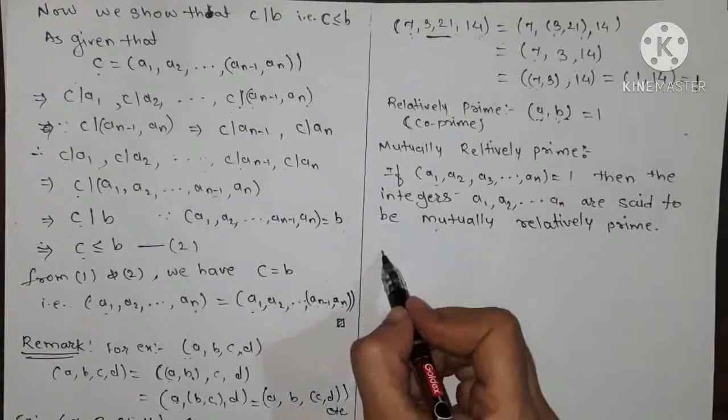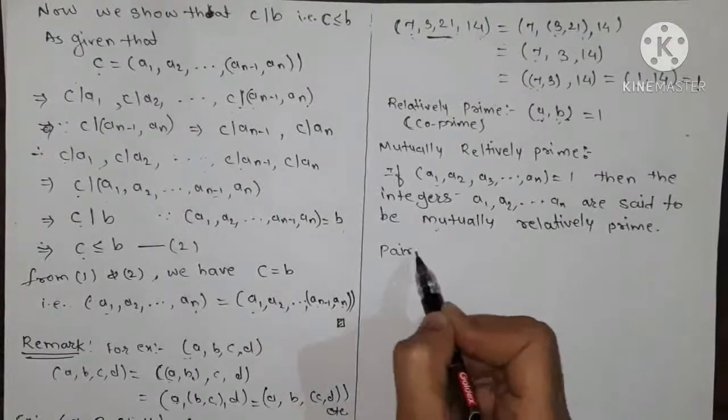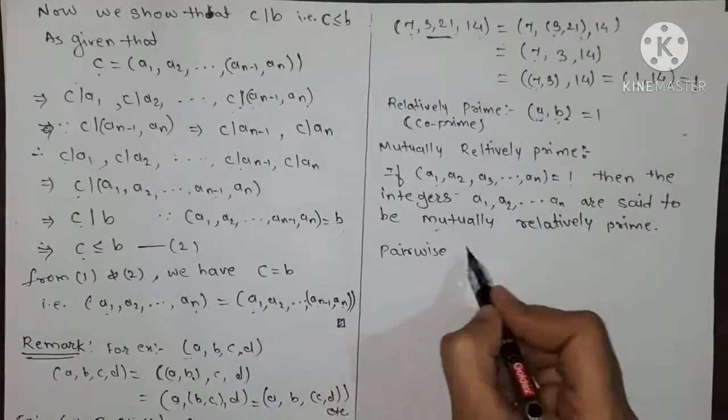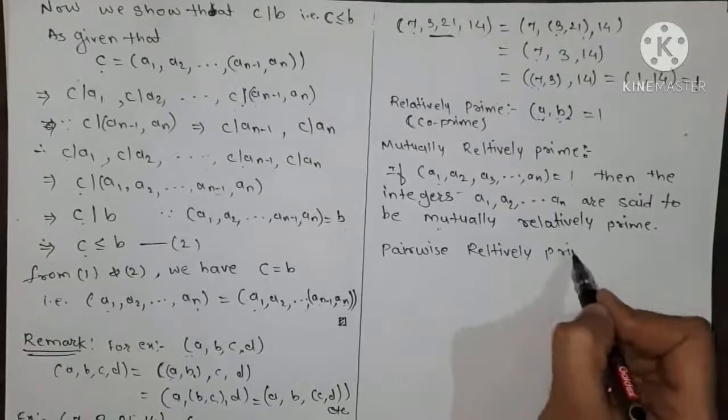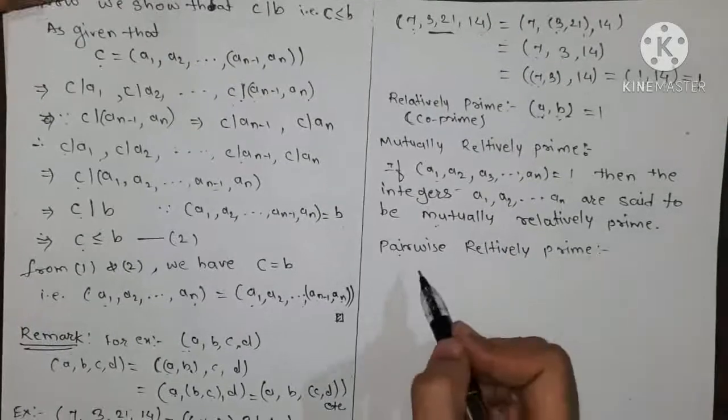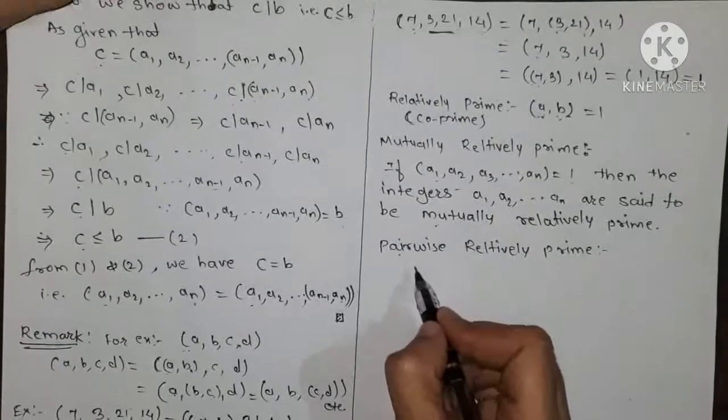There is another definition, pairwise relatively prime integers. We write the definition first.